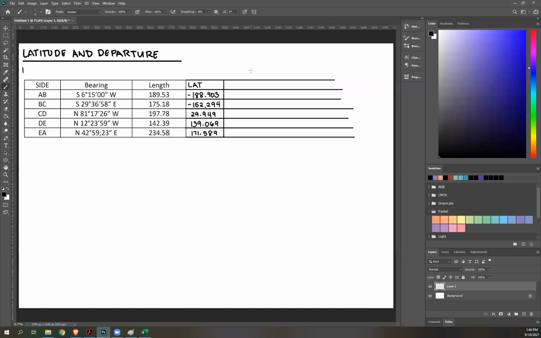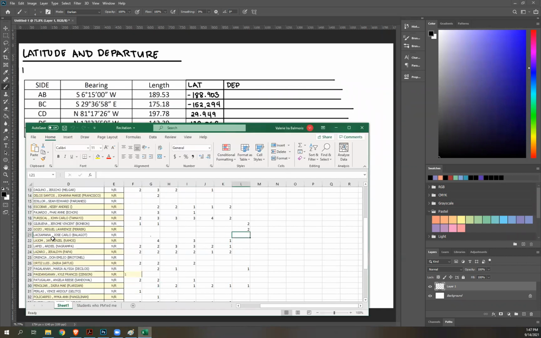Can anybody give me the departure of line or side AB? Correct. Carlo and Zalika. So Angel first. Again, please round off to 3 decimal places.